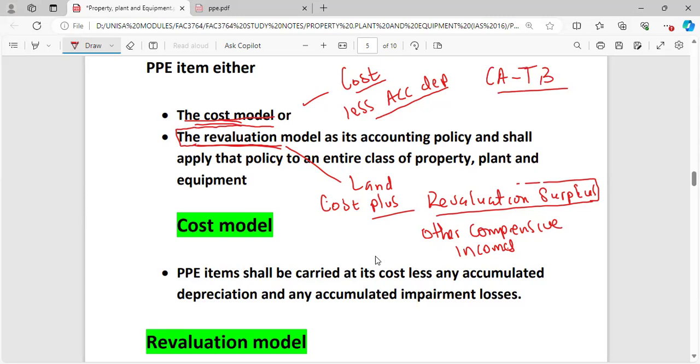So if there is a revaluation surplus, it will attract a deferred tax. But assets that are measured using the revaluation model also have capital gain tax, but we're going to explain that more in other sections so that you can see where you apply capital gain tax in deferred tax and where you don't apply capital gain tax in deferred tax.